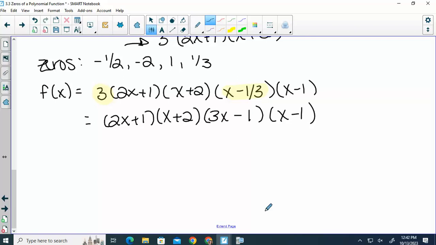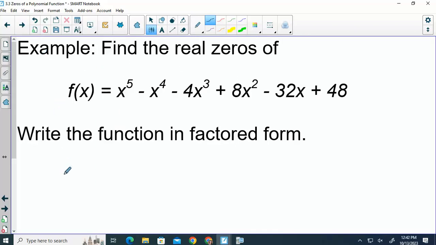Questions on that one? So they're definitely not fast and easy problems, but the math isn't necessarily hard. It just takes a bit of time.